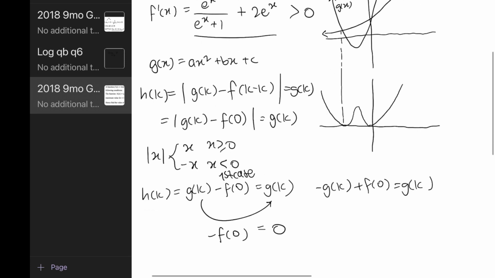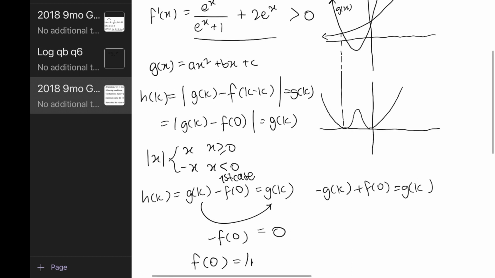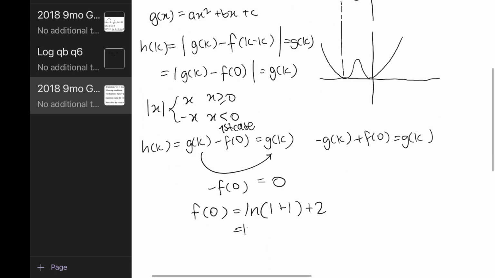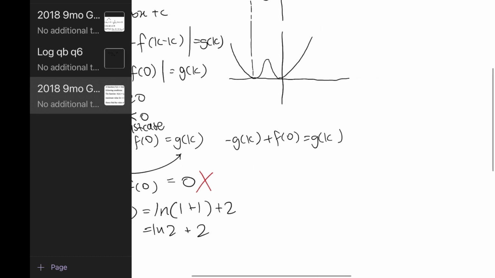If we substitute 0 into our function f of x, we see that it equals ln of e to the x plus 1, plus 2 e to the x. e to the 0 is 1, so 1 plus 1, and 2 times 1 is 2, so it is equal to ln 2 plus 2. Now we know for a fact that is not 0, which means we must rule out this case as not being possible. We'll move on to the other possibility.